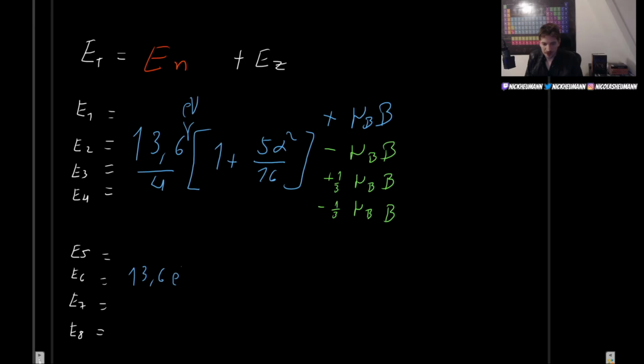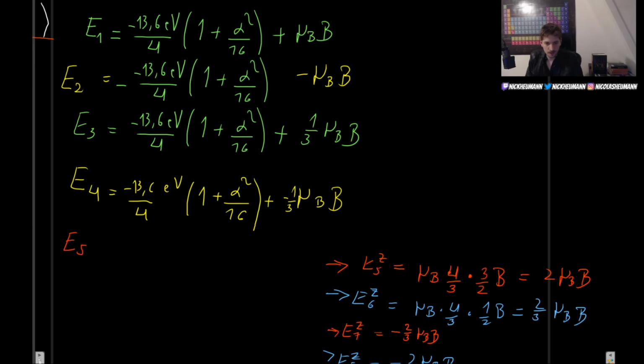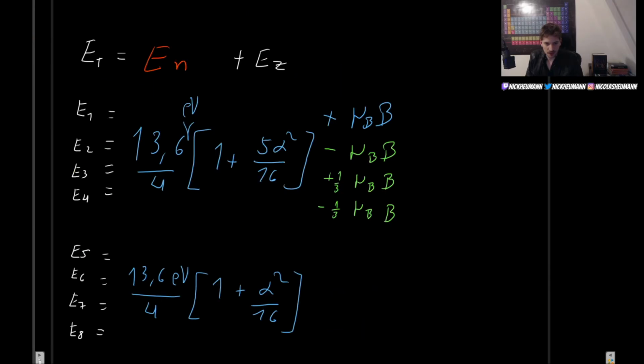Just as a reminder, so this is in electron volts divided by 4, 1 plus alpha squared divided by 16. And now we have to add each one of the energies. So for the fifth one, we had 2/3 of the Bohr magneton times B.